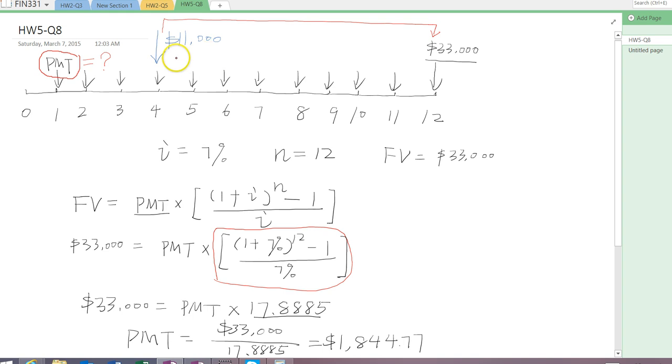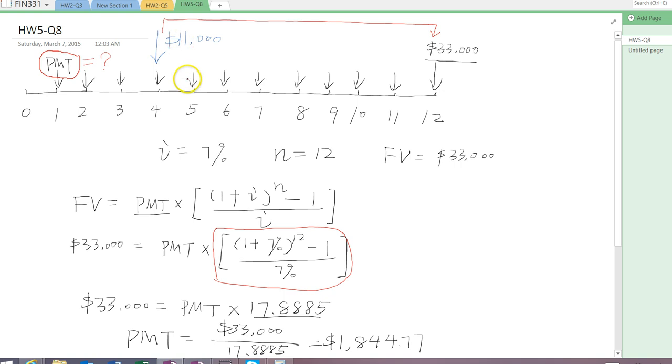So what's going on here is, think about this scenario. You are at year 0 and you expect to receive this amount, $11,000, by the end of the 4th year, but your goal is still $33,000. When you receive this $11,000, you will keep this amount in your bank. So starting from year 4, you will also receive interest on this deposit.